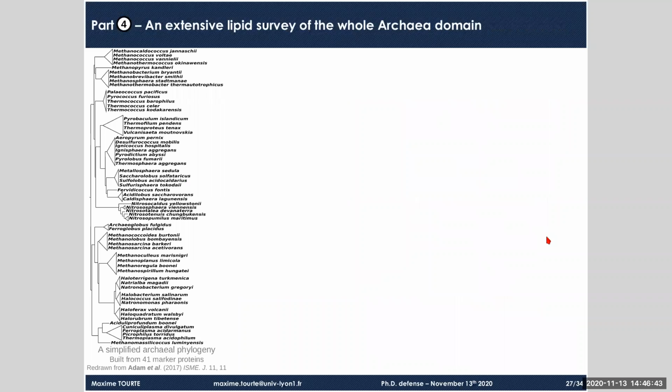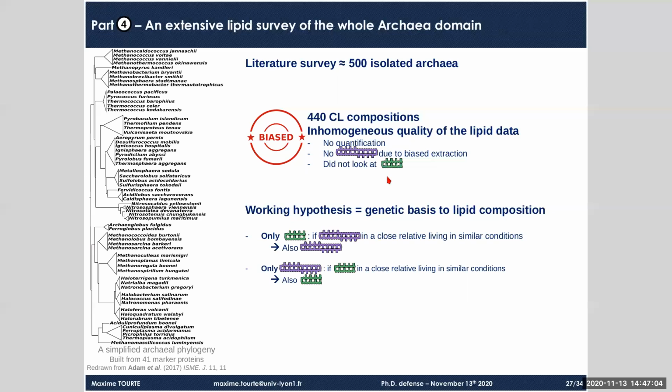So here you have a phylogenetic tree of all the Archaea that have been isolated so far, 500 of them approximately. For instance, you can see the Thermococcales here. We didn't reanalyze these 500 Archaea strains, but we looked at their lipid composition that has been described in the literature.